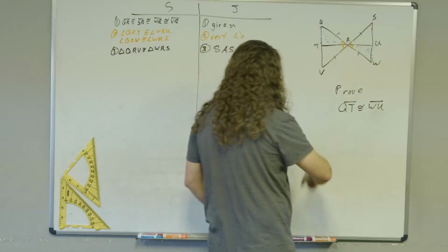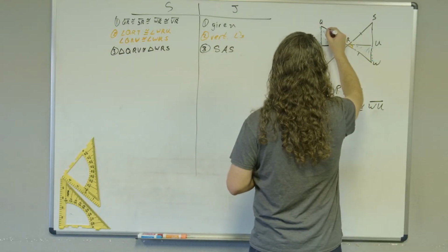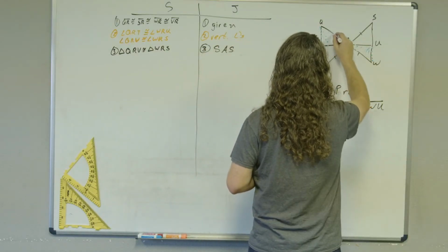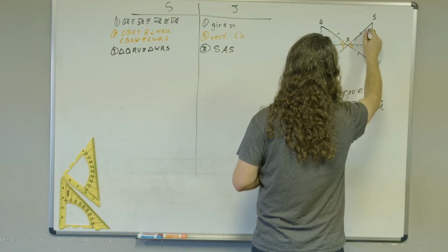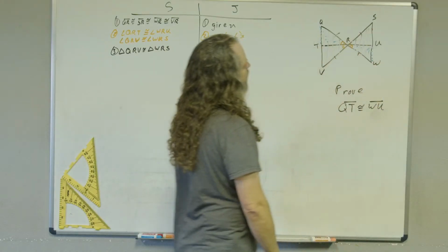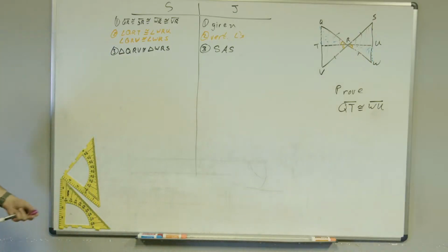We know this big one is congruent to this big one, right? And we know that if two triangles are congruent, then their corresponding parts are congruent. So what can we say that goes with the triangles we're headed towards? Which part?